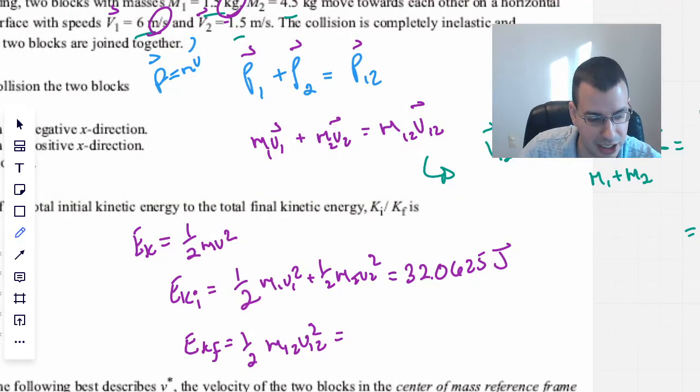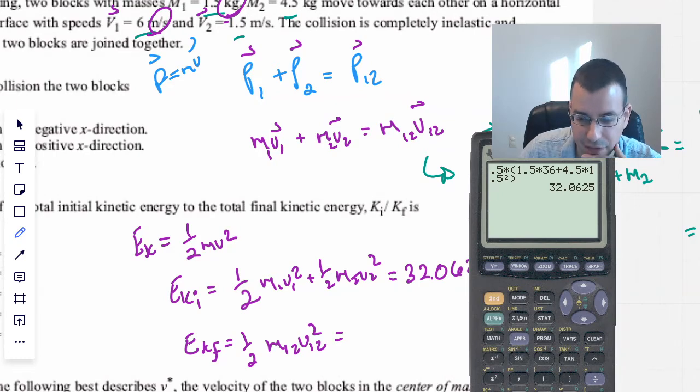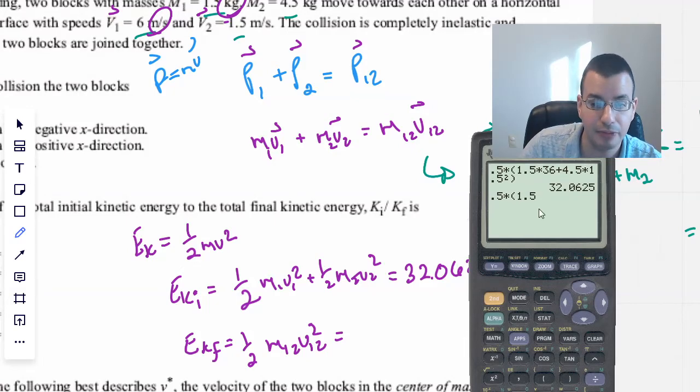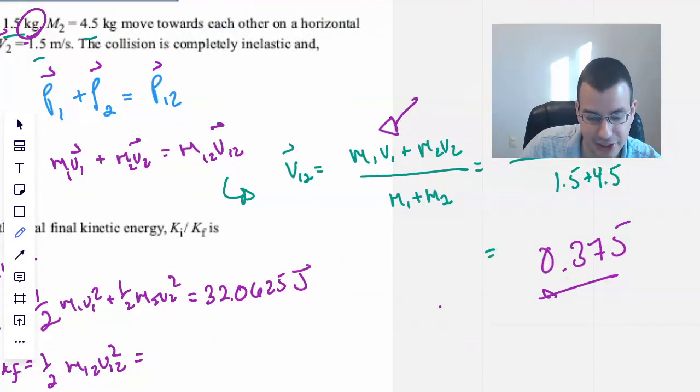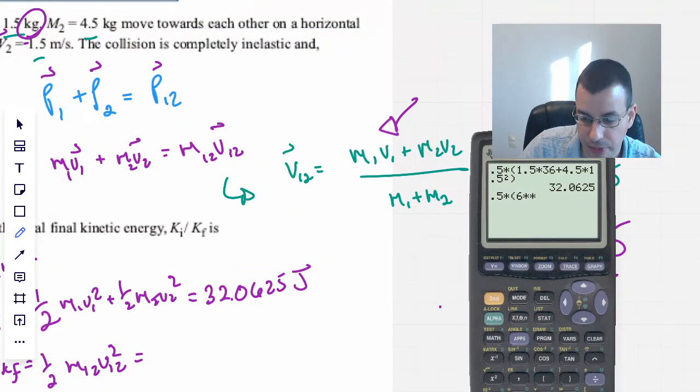Now we're going to do the second part. So we have 0.5 times the combined masses, which is 1.5 plus 4.5, which is 6, times 0.375 squared.